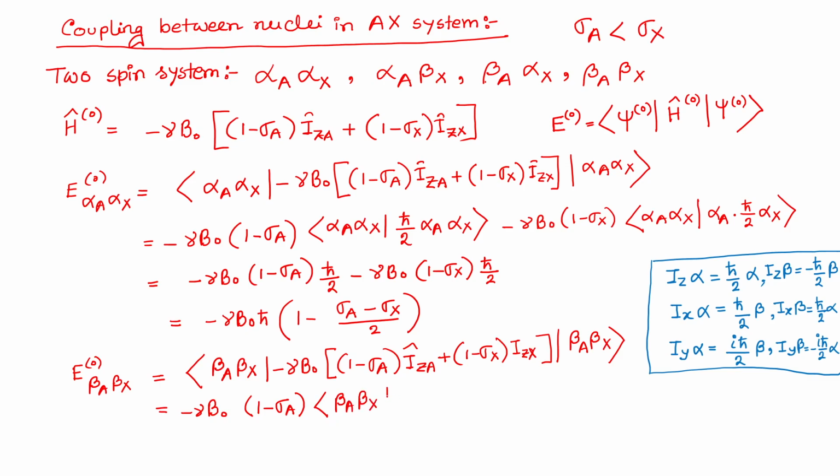Beta A, beta X, and IZA is going to operate on beta A, beta X, and the next is also gamma B0, 1 minus sigma X, beta A, beta X, IZX actually.